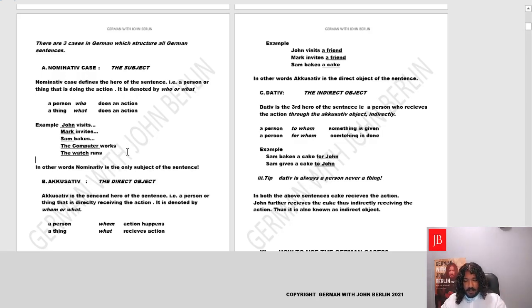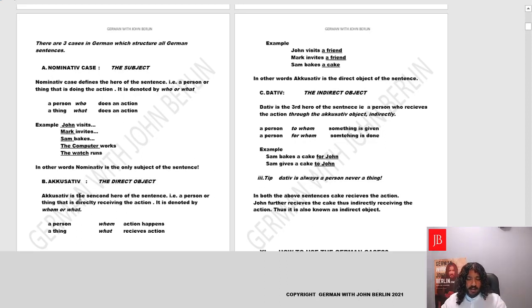Okay. All right, moving forward, we have the second most important case in the German language. It's called the accusative case. Yes? Now, what is the accusative case? Like nominative case stood for the subject, accusative case stands for the direct object. What is the direct object?